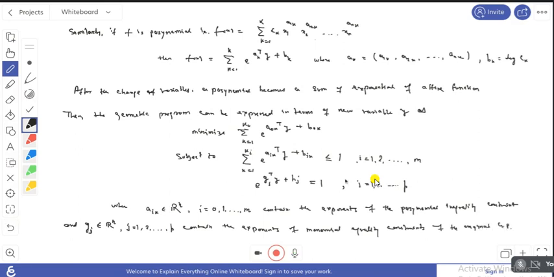Now if we change the variable, your geometric problem reduces to this form. Now we define the one transformation here, and that transformation is the logarithmic transformation.